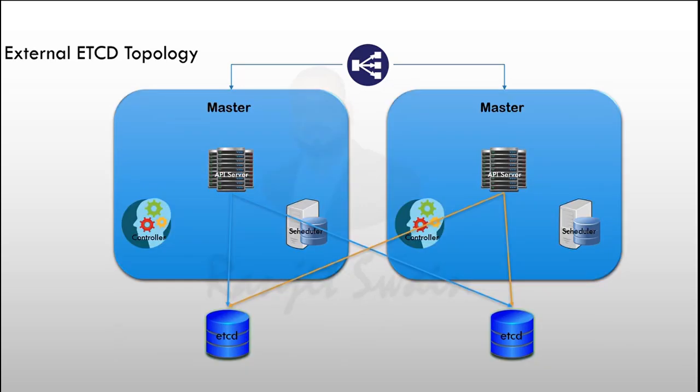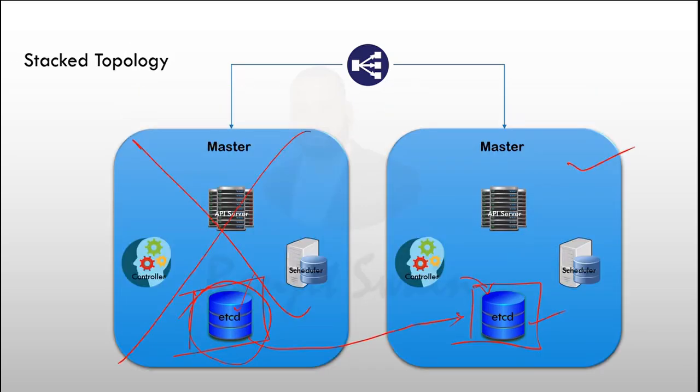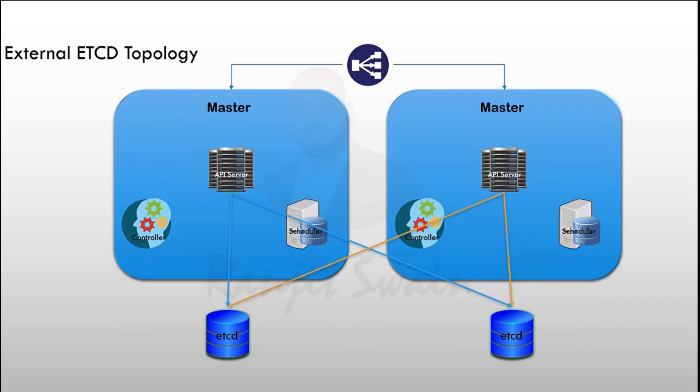But there is another one, external etcd topology. In external etcd topology, the etcd database, the data set, will be kept outside of the master. That means if this master goes down, not a problem. This etcd database is outside and it can be managed by the master.